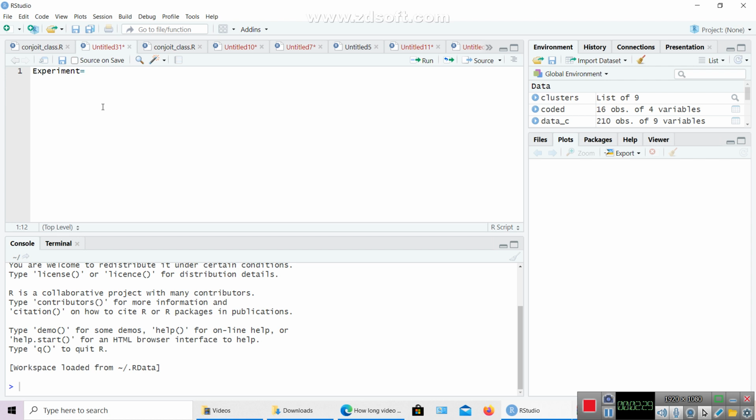So I'm creating an experiment object here. Suppose I am creating an experiment to analyze how consumers differ in their perception of mobile phone features. There are various attributes which we can assign to mobile phones. For example, one of the features which is important to consumers is the weight of the phone. So let's say one of the attributes is weight.